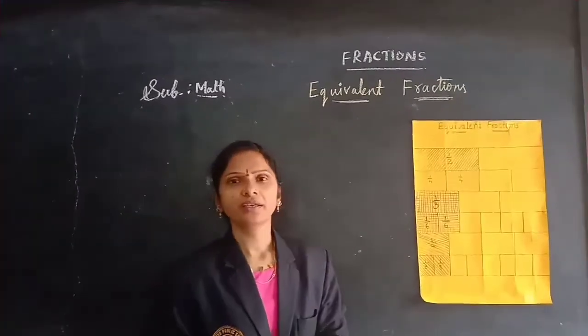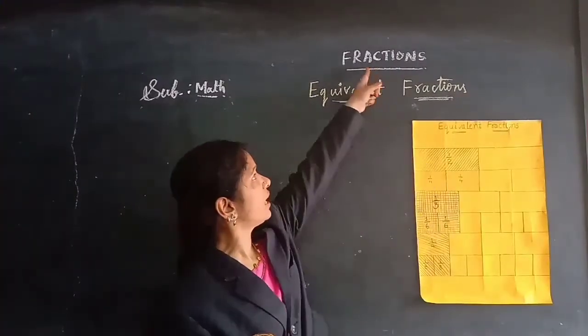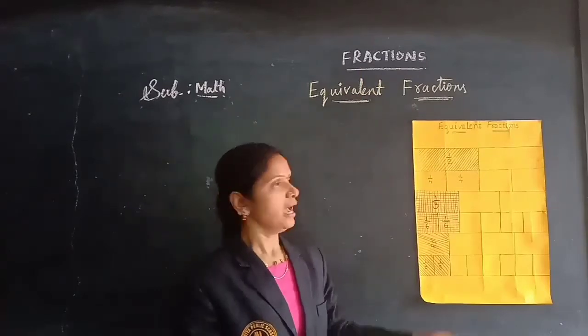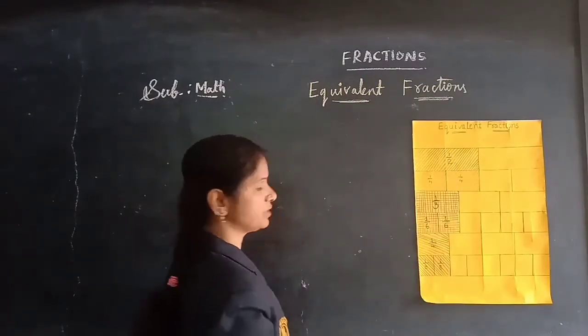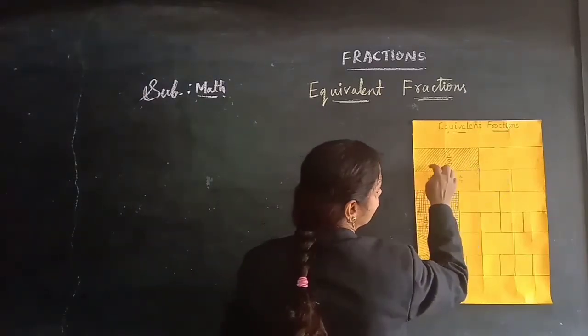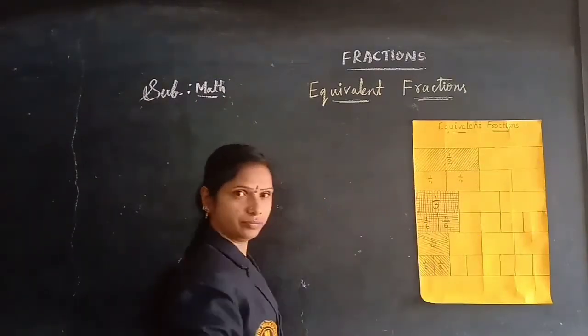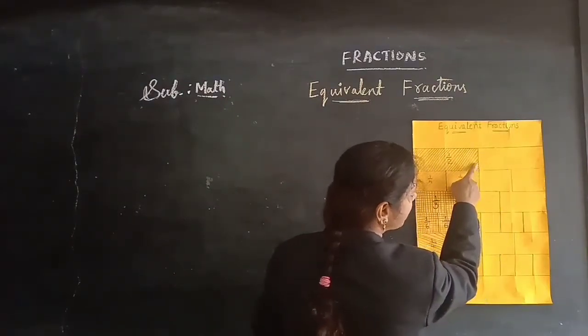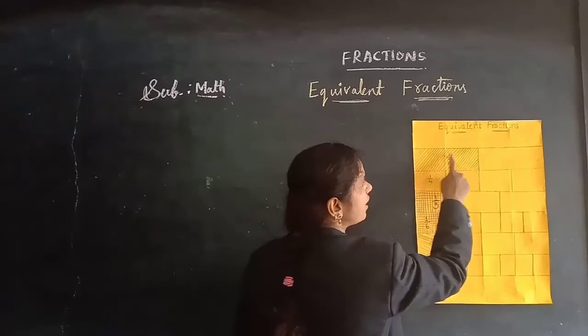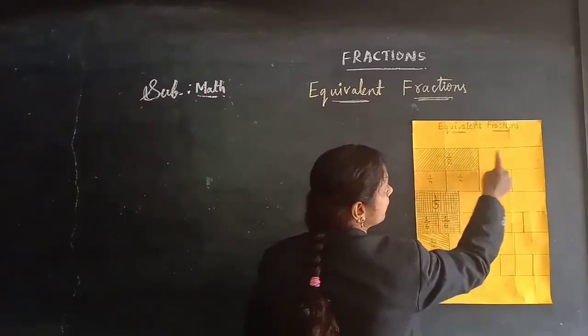Okay. Yes, children. Next topic in fractions, equivalent fractions. Have a look at this chart, children. I am putting it here. Now, first you see the first row, children. I divided this row into two parts. You can see the black color line here. So I divided this first row into two parts.